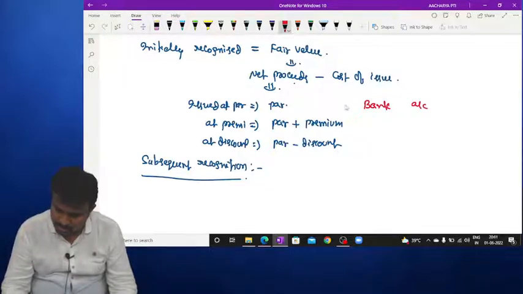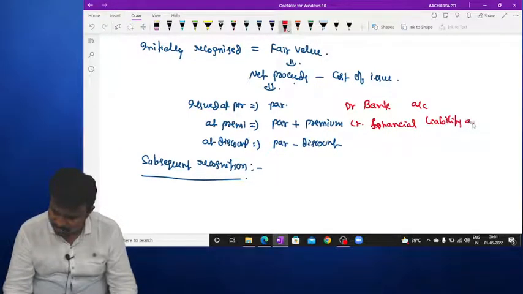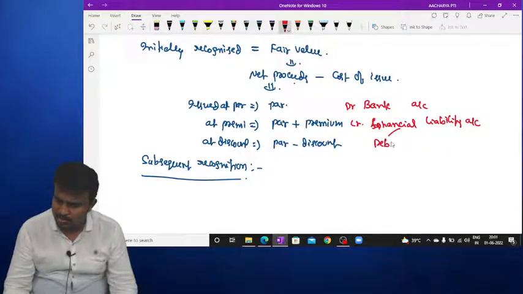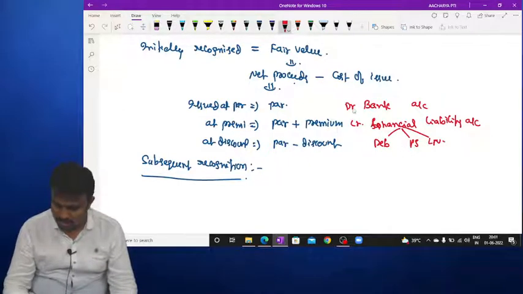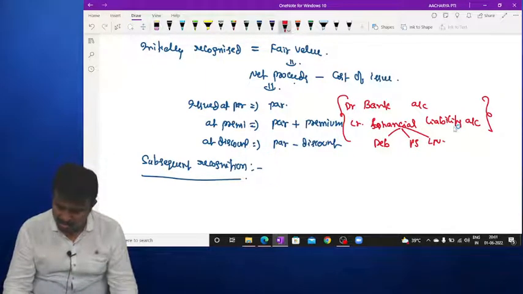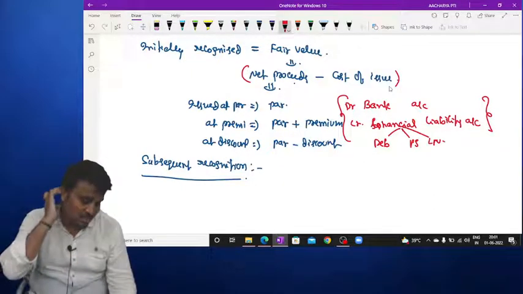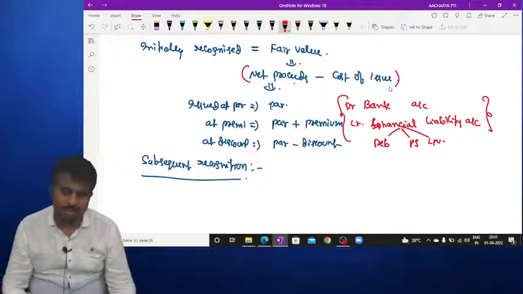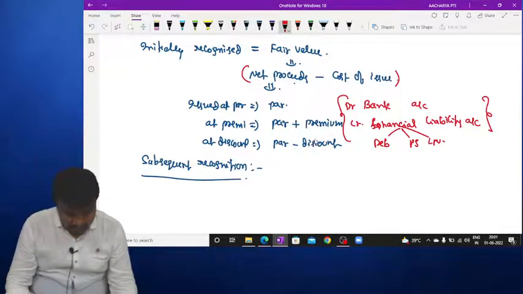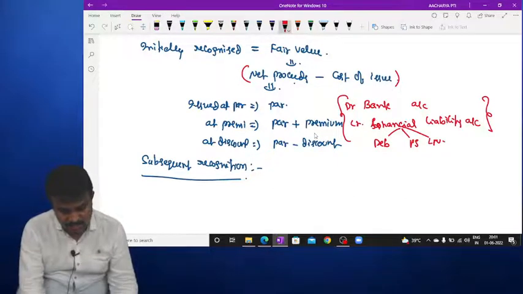Bank account debit, and credit the financial liability, either debentures, preference shares, loan notes, etc. So the bank account is debited and the financial liability account is credited, and this entry is recorded initially at the amount of net proceeds minus cost of issue, and we say it is the fair value.